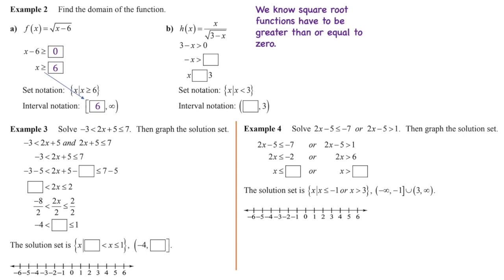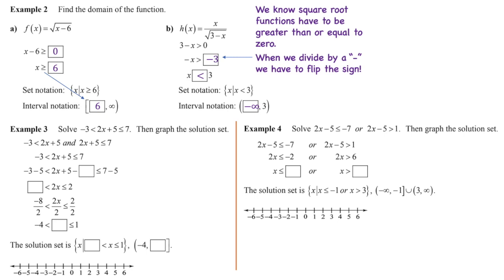Subtract 3 from both sides. And this time, remember, I'm dividing by a negative 1 to get x by itself. So when we divide by a negative, notice I flip my sign from greater than to less than. So in set notation, we have x such that x is less than 3. And we also have from negative infinity to 3, parenthesis because it's not included.